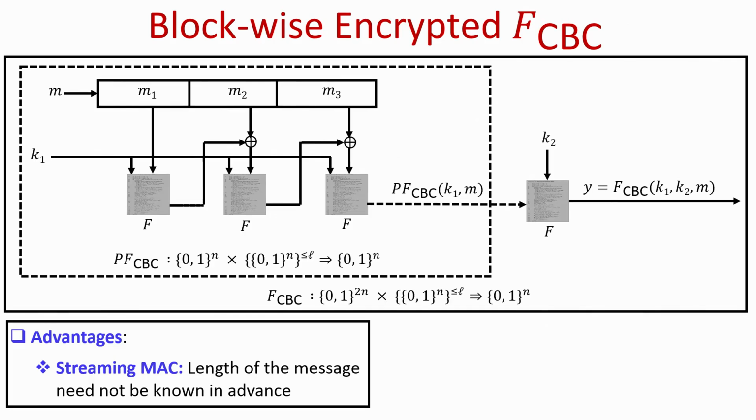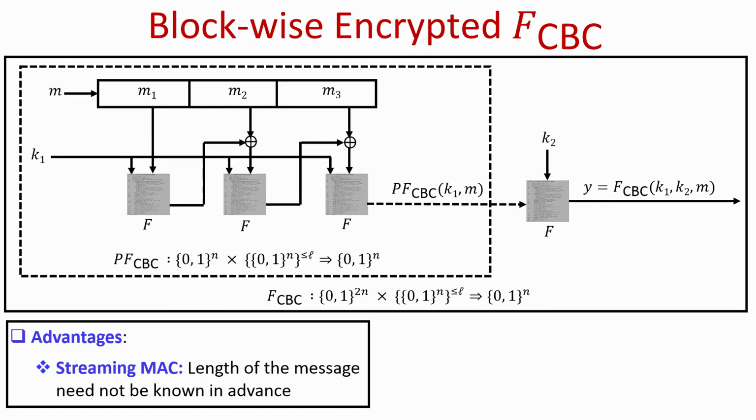So, there are several advantages as well as disadvantages for this blockwise encrypted CBC PRF. The advantage here is that this PRF constitutes what we call a streaming PRF, which further gives us what we call a streaming MAC. Remember, our goal is to construct PRFs which can take inputs of arbitrary size.